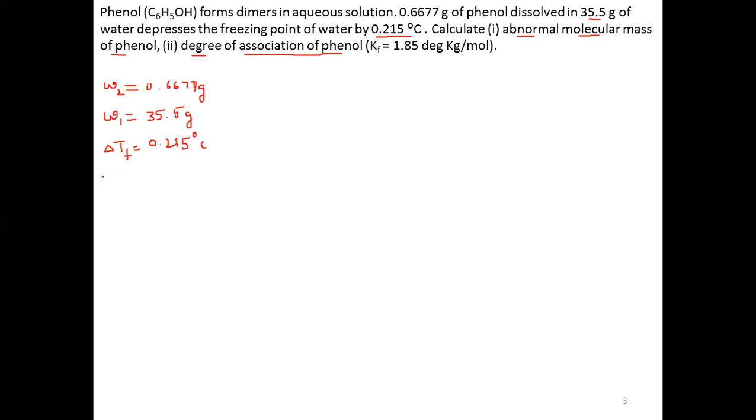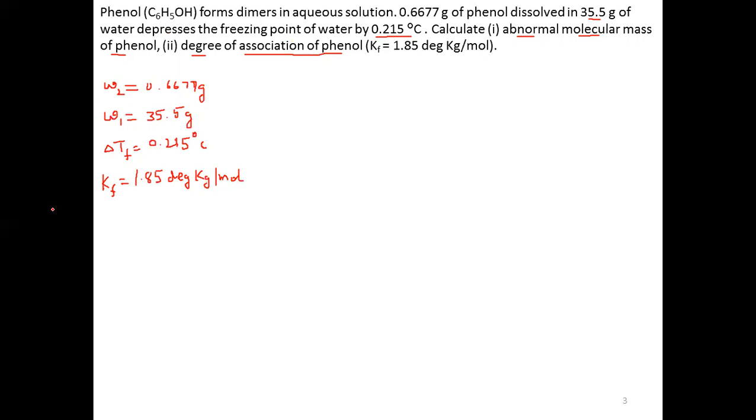Next, we are given the molar depression constant for water, Kf, equal to 1.85 degree per molality, or we can also write degree kilogram per mole. Both are the same, or you can simply write degree per molality.